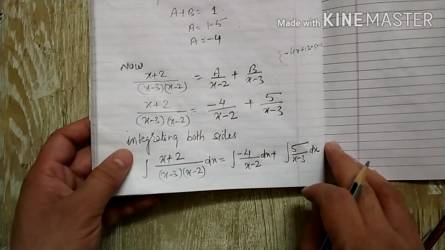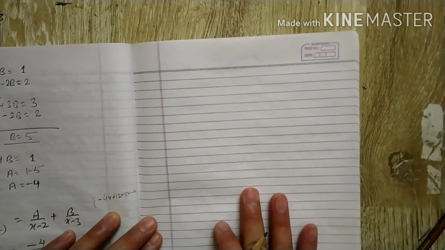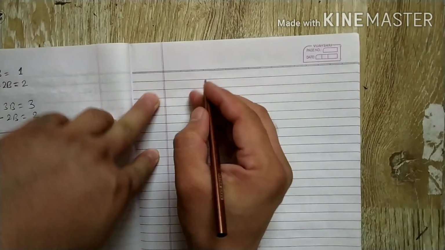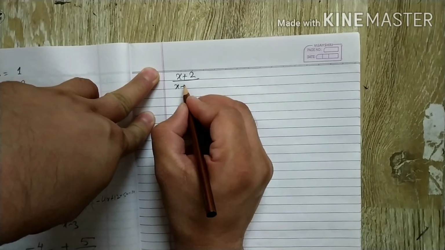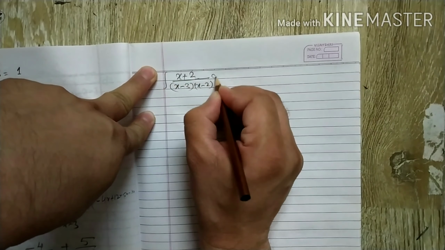Next step: as we are finding, the left hand side we'll write the same because it is our question only, so there is no need to change anything in this left hand side portion.